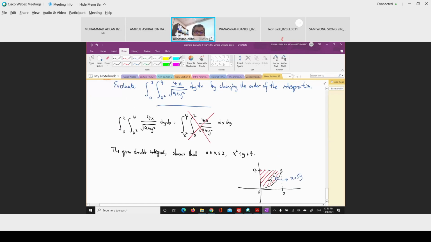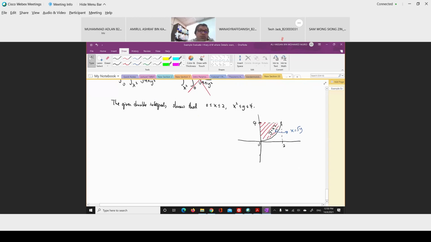So this shaded region, if I call it D, can also be written as y between 0 and 4, and x is bounded on the left by 0 and bounded on the right by the curve square root y.